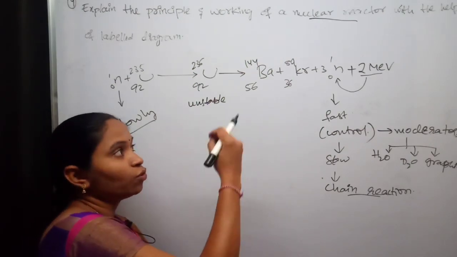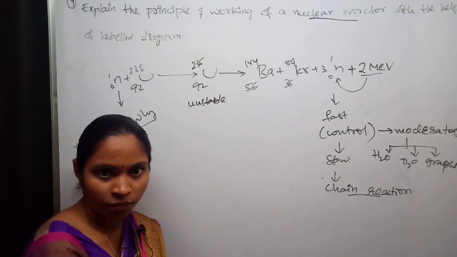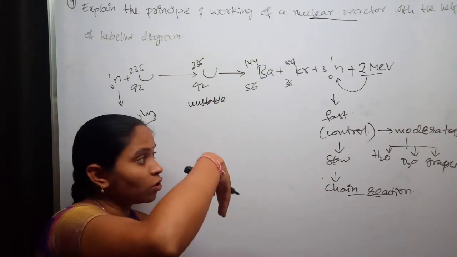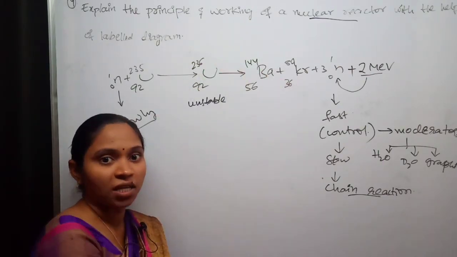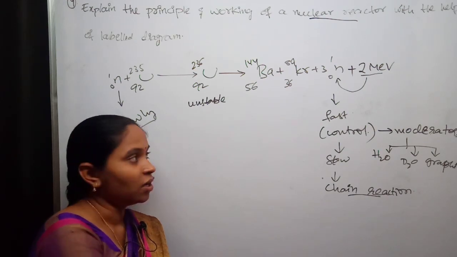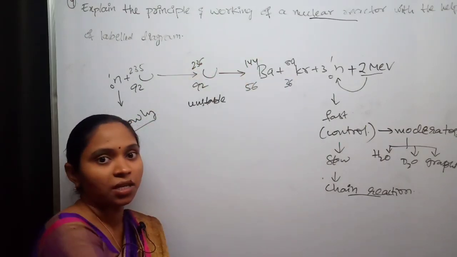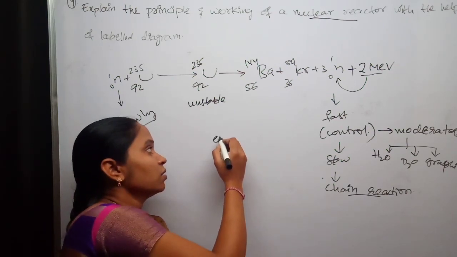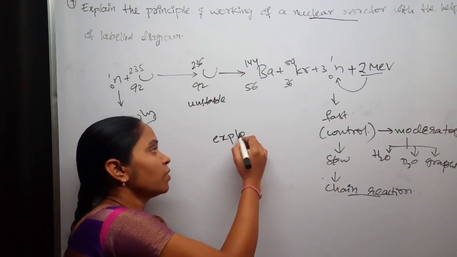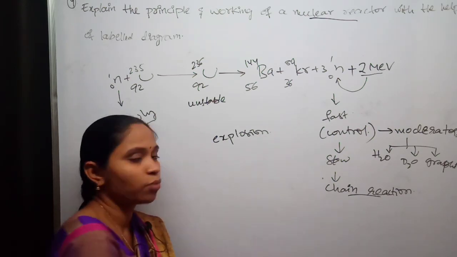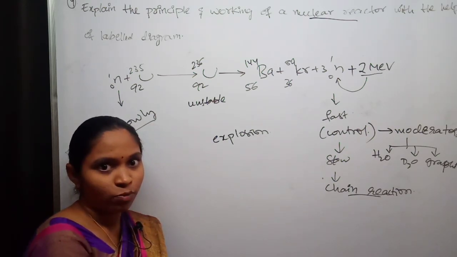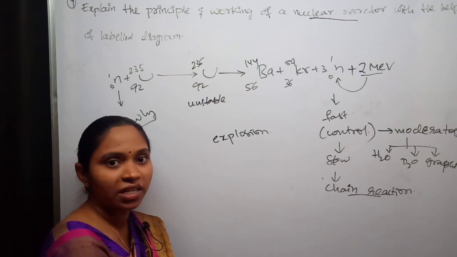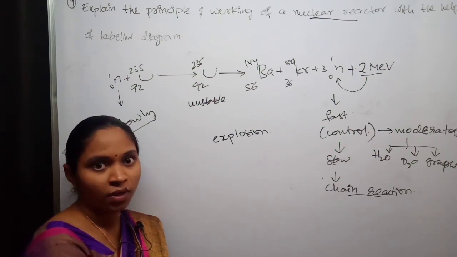The count of the neutrons is increasing here, and the energy generated is increasing, and finally the explosion of the nuclear reactor takes place at some point.